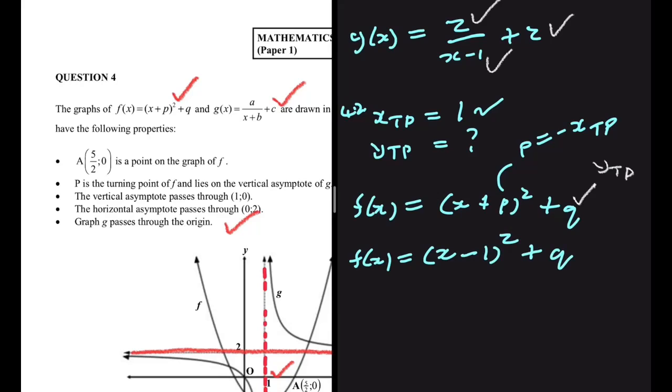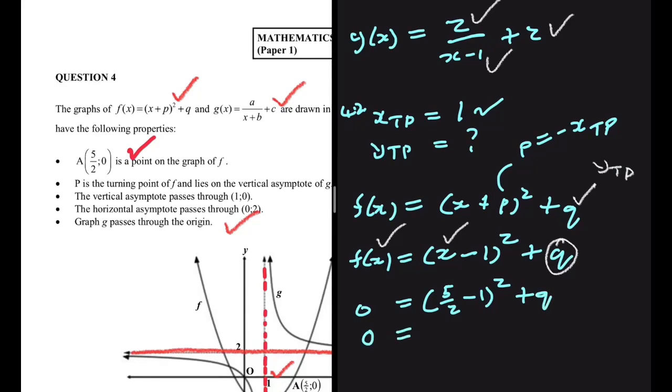So let's take a point on the graph. We can take A. A is a point on the graph f. If we substitute A, we're going to have a y value and an x value. The only thing that we're going to be left with is q. So let's go ahead and do that. The y value is 0 and the x value is 5 divided by 2, so 0 = (5/2 − 1)² + q. 0 is going to be equal to 9 divided by 4 plus q.